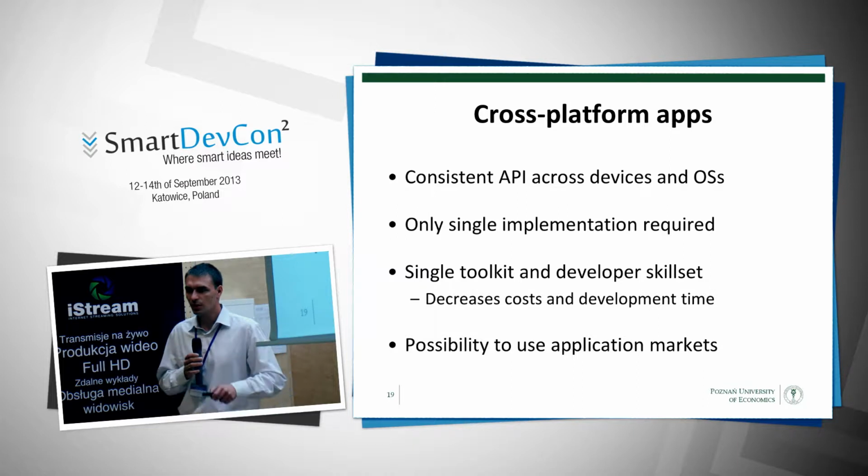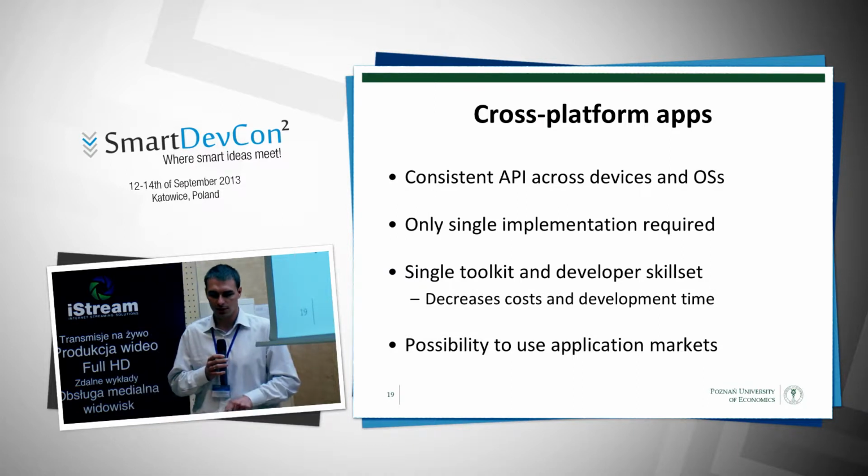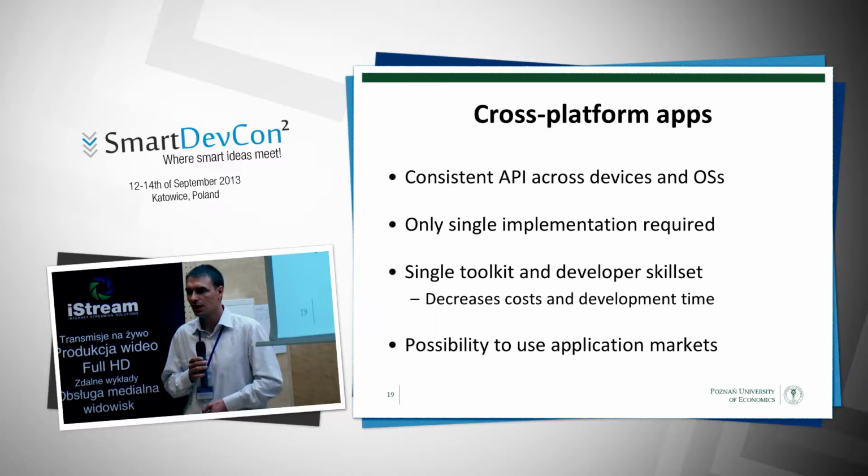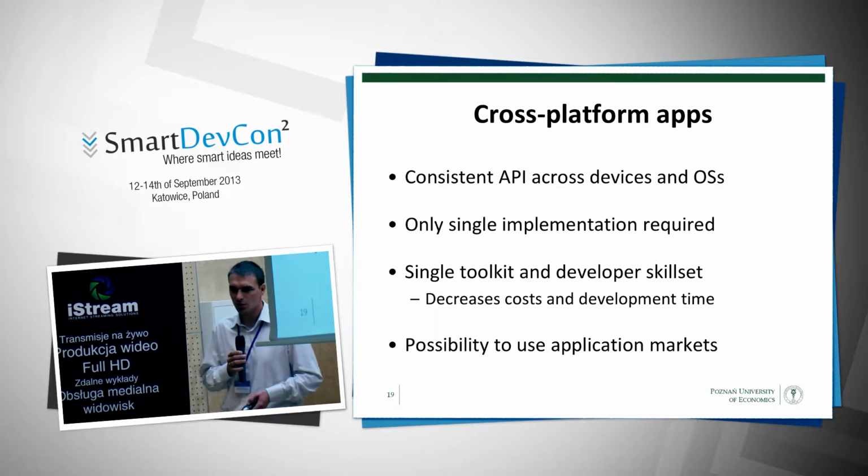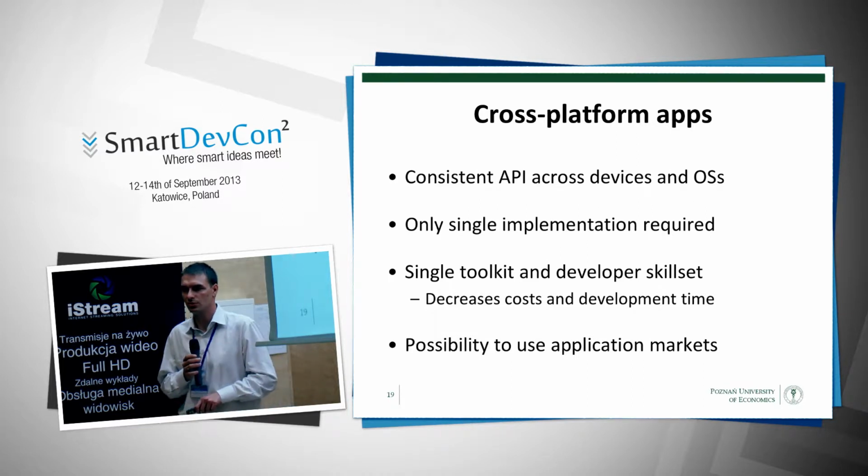Cross-platform applications drive the cost down because they provide a consistent platform for your application across different operating systems, across different devices. So you only need a single implementation of your application.